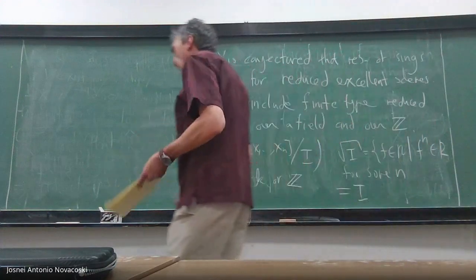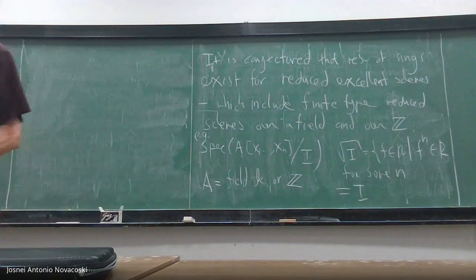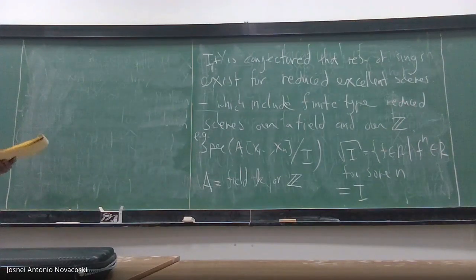Okay, so finally it was in the 30s that dimension 2 was solved, resolution for surfaces over the complex numbers or over a field of characteristic 0. And one of the first proofs was by Zariski.